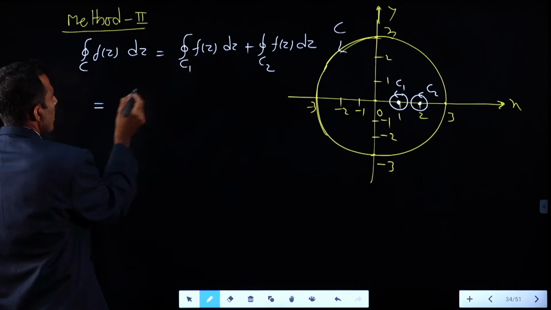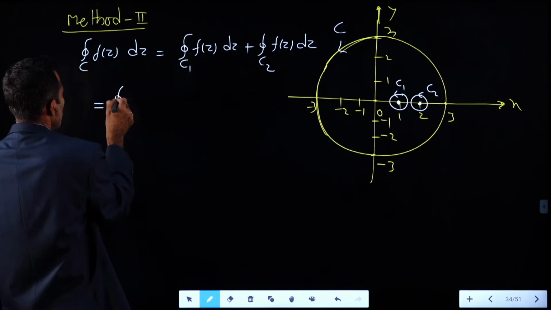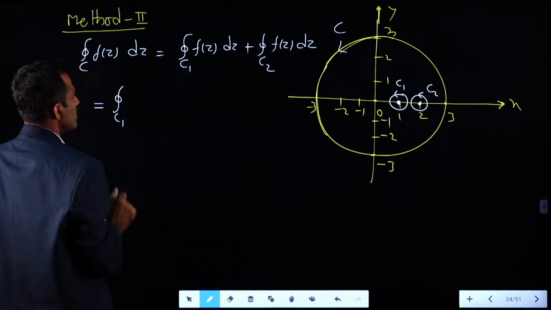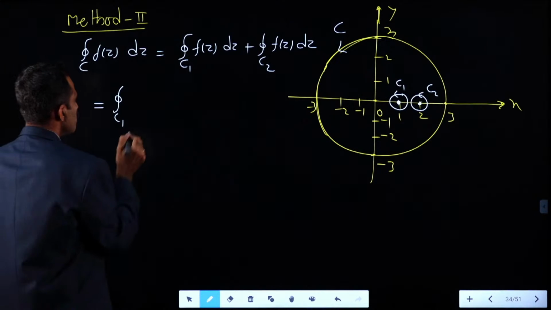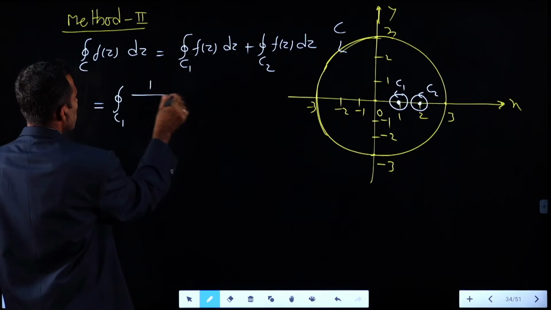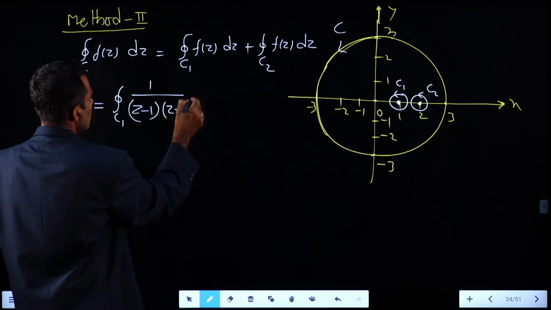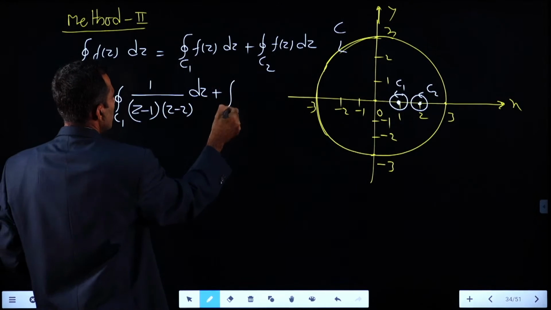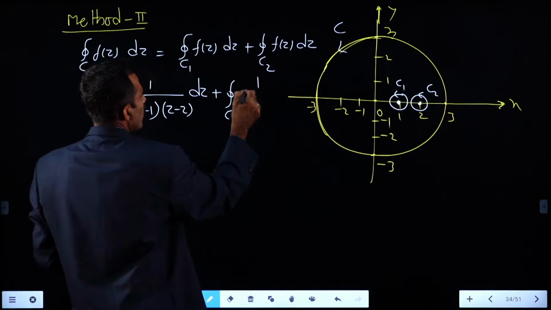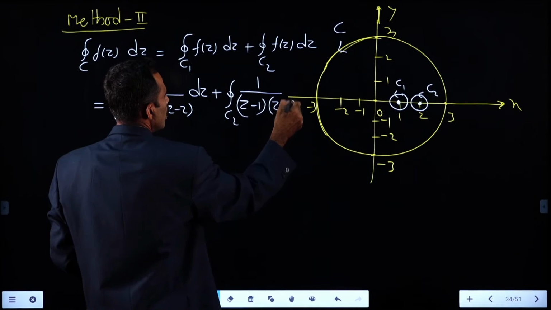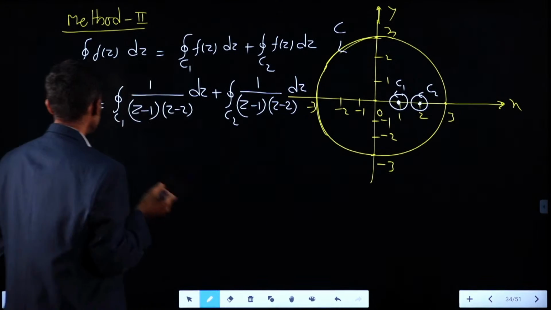This is equal to the integral over C1, where C1 is a circle with center at 1 with some small radius, of 1 by (z minus 1)(z minus 2) dz, plus the integral over C2 of 1 by (z minus 1)(z minus 2) dz only.